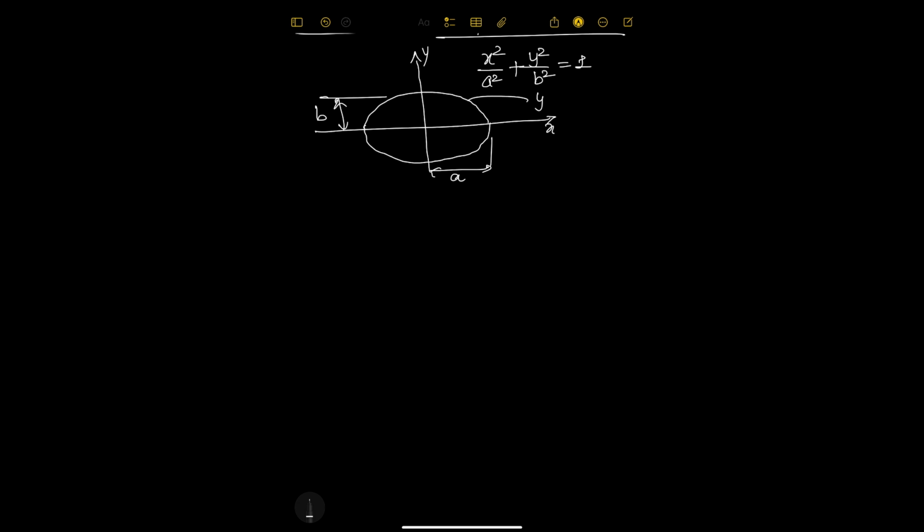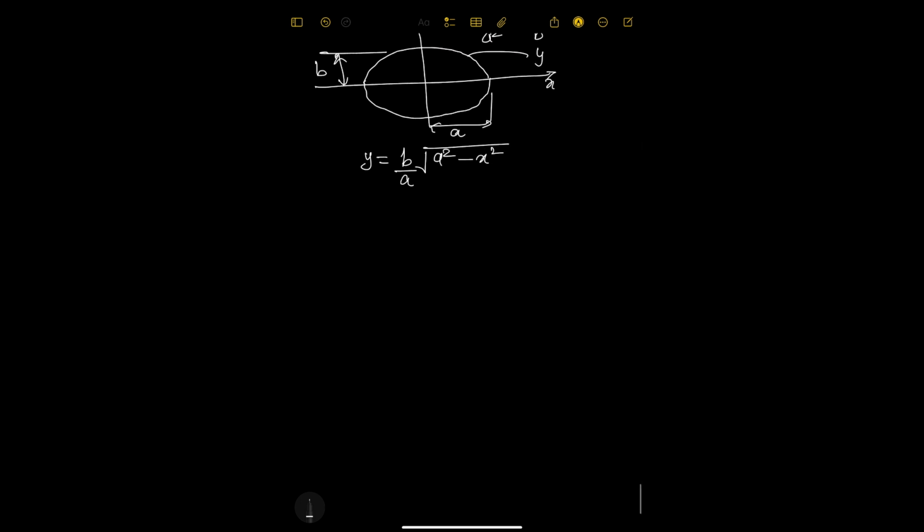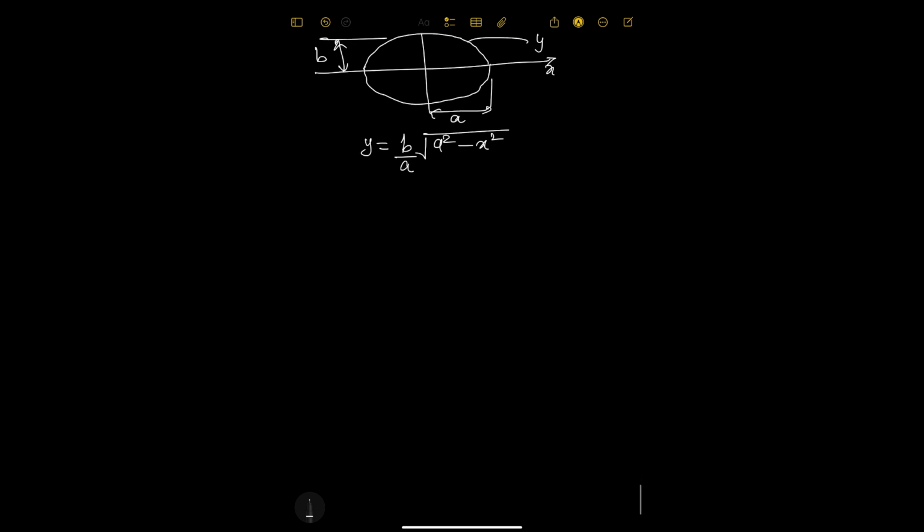Now this boundary y can be given by root of a square minus x square, times b by a. Now how to consider p?